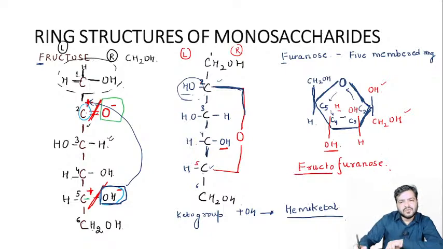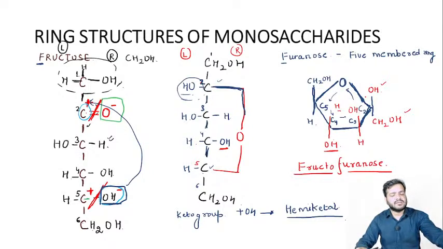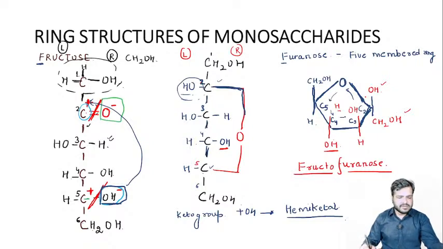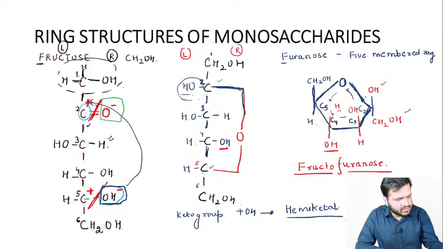Furanose is a 5-membered ring where you can see a keto group in between. I hope the structure is clear to each and everyone. Yes, just give me a thumbs up that all is clear.